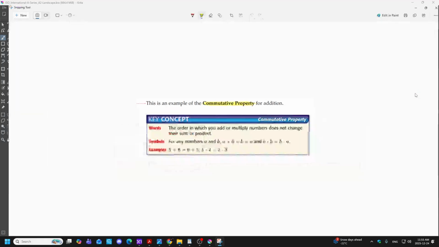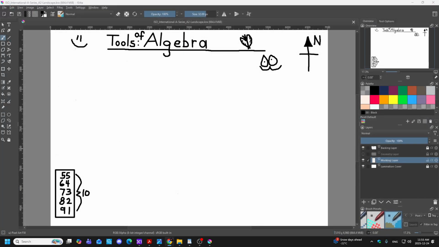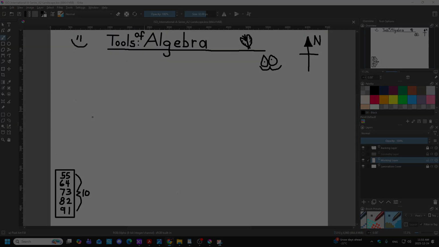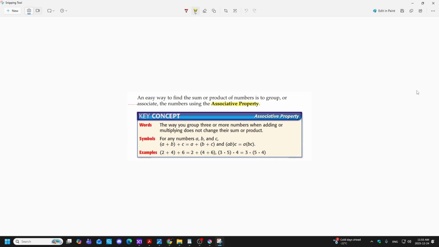Commutative. Okay. And the next one. Associative, which I like. Brackets create clarity and organization.